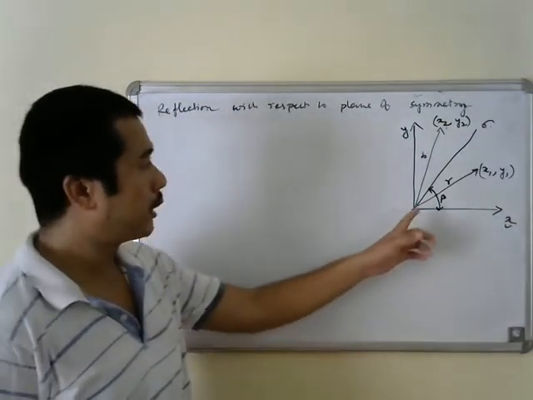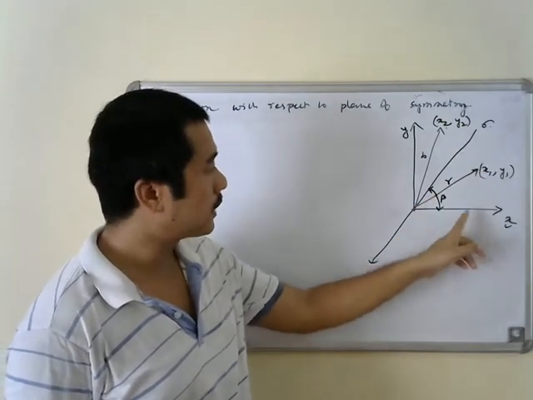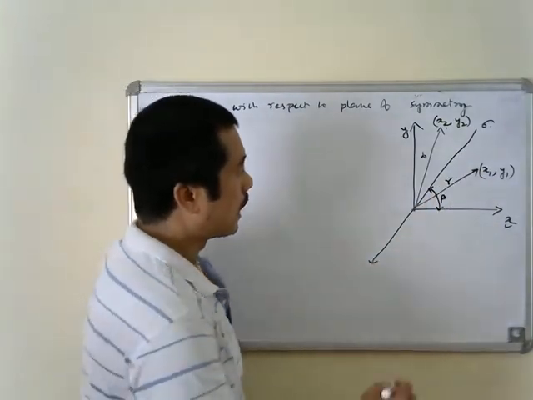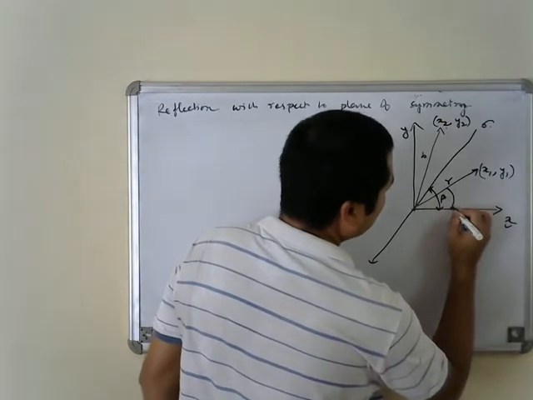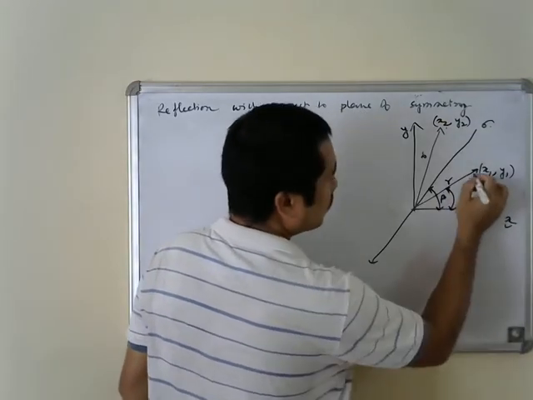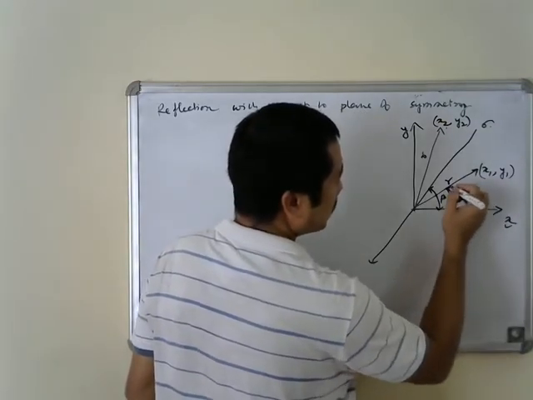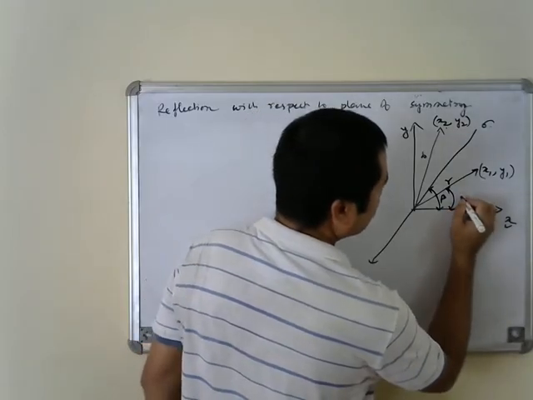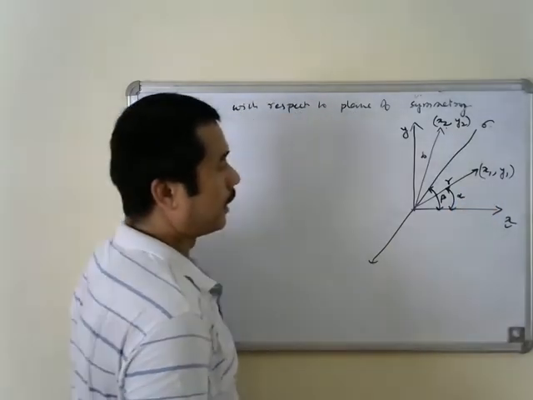And let us assume also that the angle between the initial vector and the x-axis is equal to alpha.